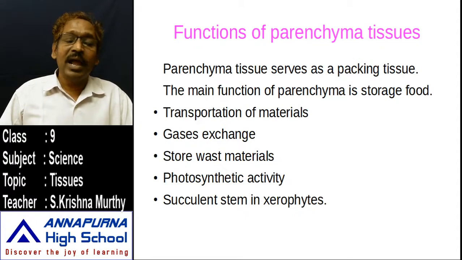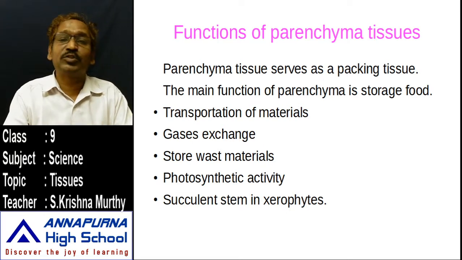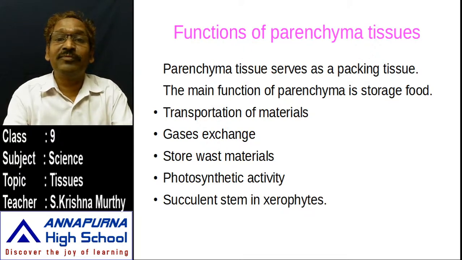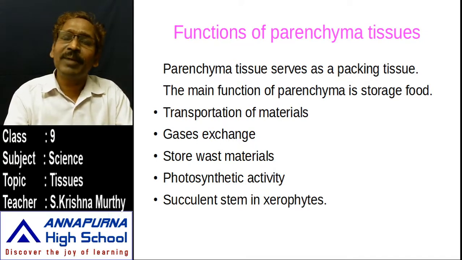Not only exchange of the gases, but also storage of the food material. While food material is prepared in the leaves, that food is stored inside the body parts in the parenchyma tissues. Where is the parenchyma? The root. The root has some food material, and the leaf, the fruit, and the flower have some food material. Each and every part of the plant contains food material.